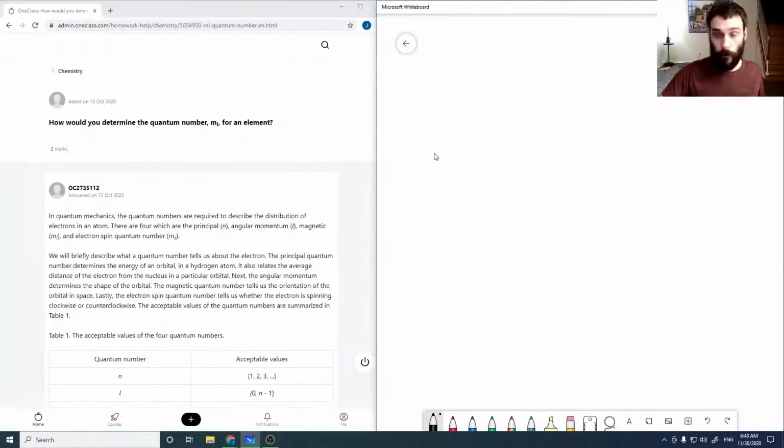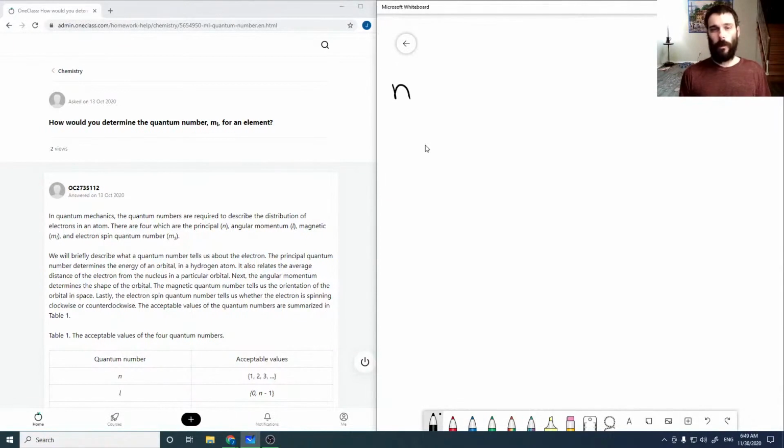All right. So now for this one, how would you determine the ml quantum number? Okay, so in an atom, our electronic states are numbered by a few quantum numbers.